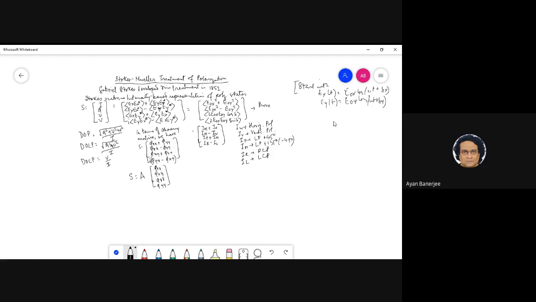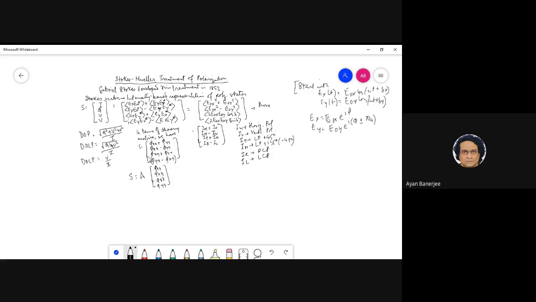So typically when I say that, I start with this one, right? Then I will essentially say that your Ex is E0x e to the i phi, and your Ey is E0y e to the i phi plus or minus pi by 4, because this is what I've taken. If I do that, you will basically get all this.